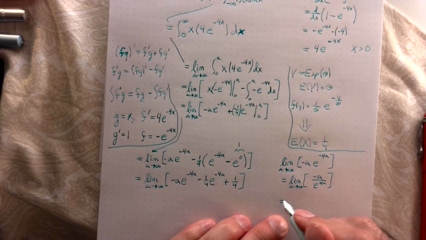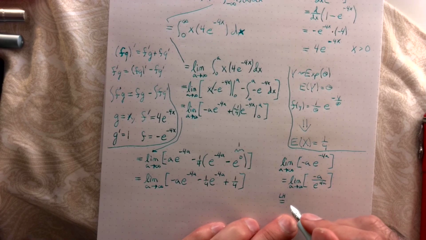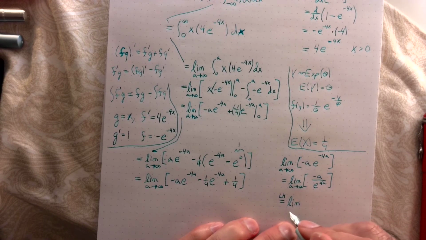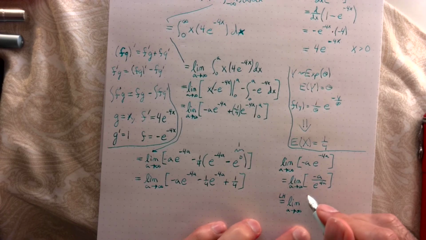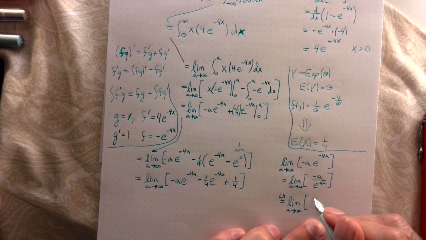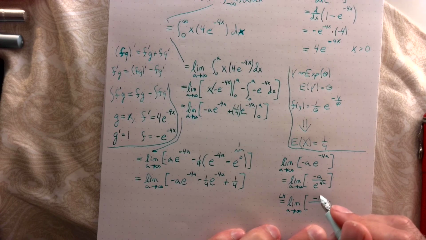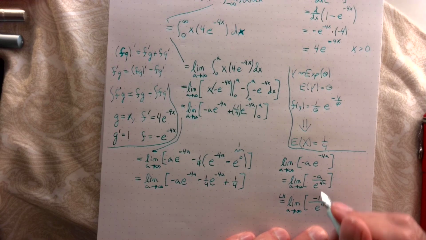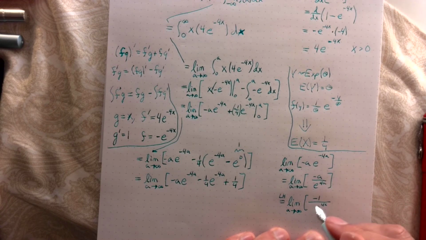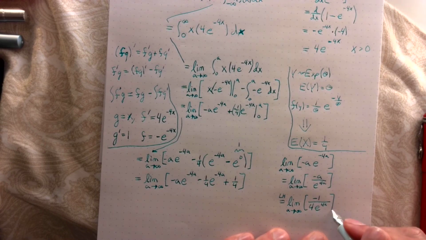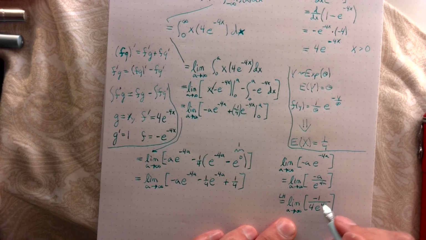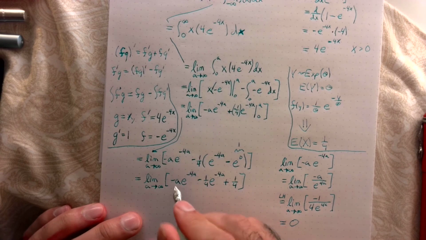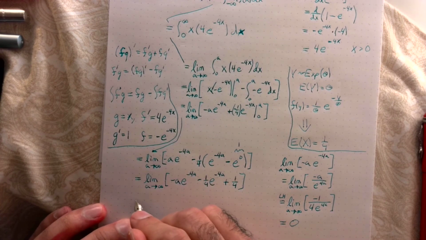So by L'Hopital's rule, we set this equal to the limit as a goes to infinity of the derivative of the top, which is minus 1, over the derivative of the bottom, which is going to be, we leave it the same, e to the 4a, times the derivative of this exponent by the chain rule, so it's going to be times 4. And now, as a goes to infinity, this is going to go to infinity, so this whole thing is going to go to 0.